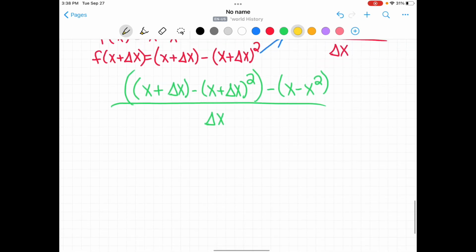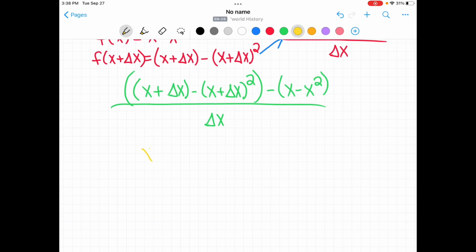Now for the next step, we're going to distribute all of our values, change the color to something else.